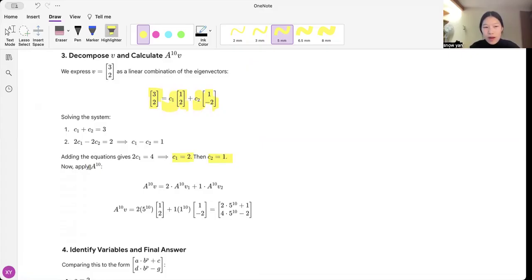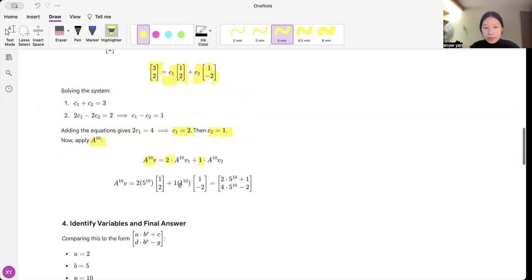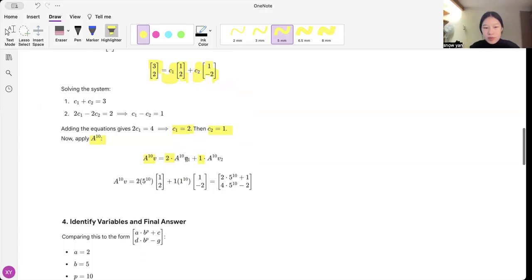So then when we apply A to the 10th, it's basically just a linear combination of 2 and 1. And since A to the 10th times V1 would just be 2 times 5 to the 10th times V1, where V1 is 1, 2. And so on and so forth with 1 to the 10th, because that's the other eigenvalue and its respective eigenvector. So we get this equation.